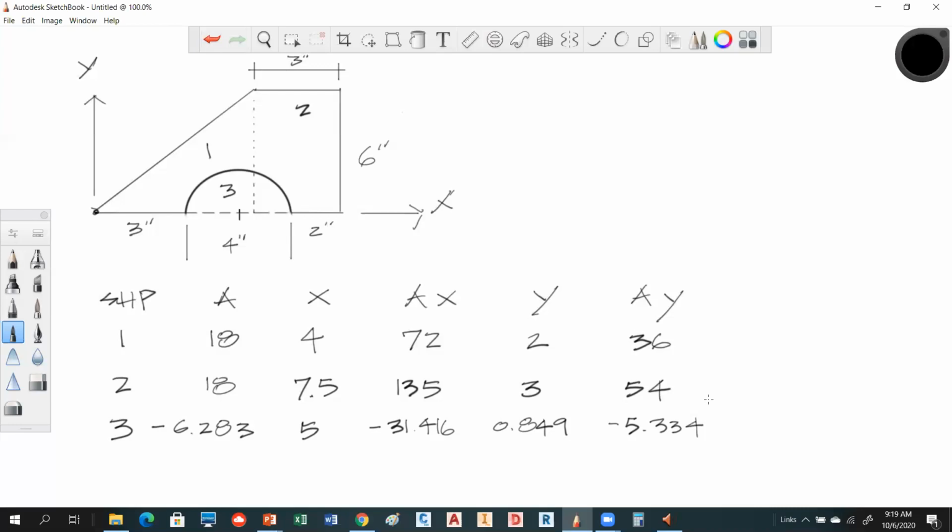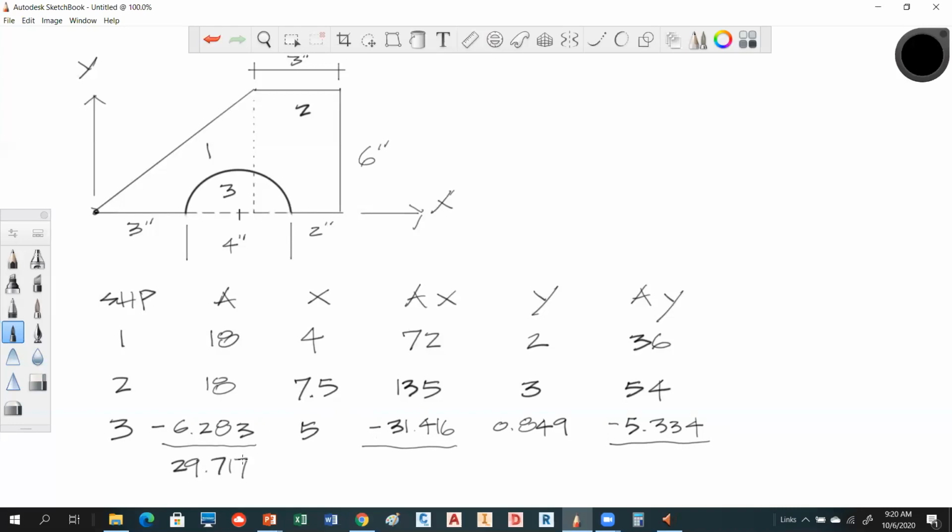Once you've done that, the rest of it's pretty simple. It's just sums and then dividing the one sum by the other. So we're going to sum that algebraically. 18 plus 18 plus a negative 6.283. I get a positive 29.717.